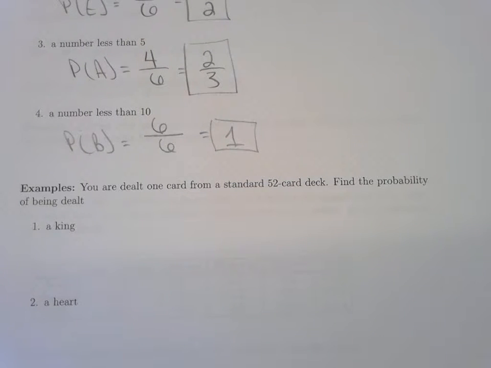There are hearts, we have spades, clubs, and what is the last one? Diamonds. So you have 4 sets. There's 13 in each of those. And then you have the numbers 2, 3, 4, 5, 6, 7, all the way to 10.